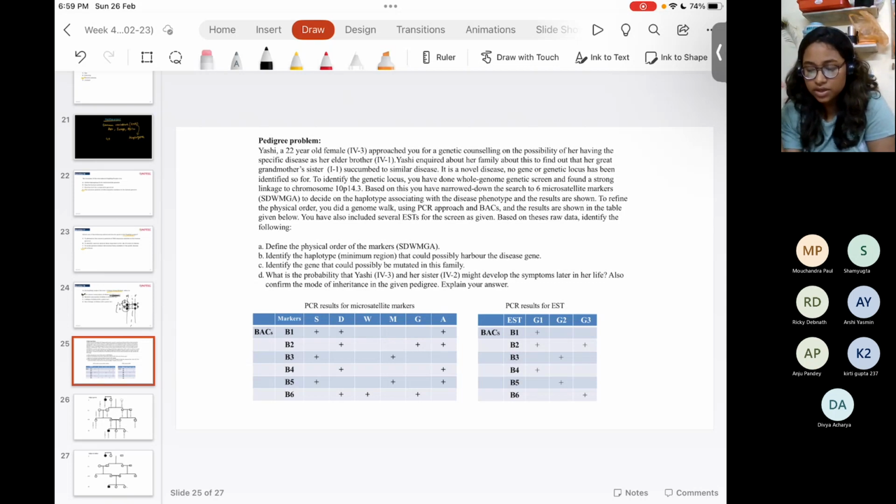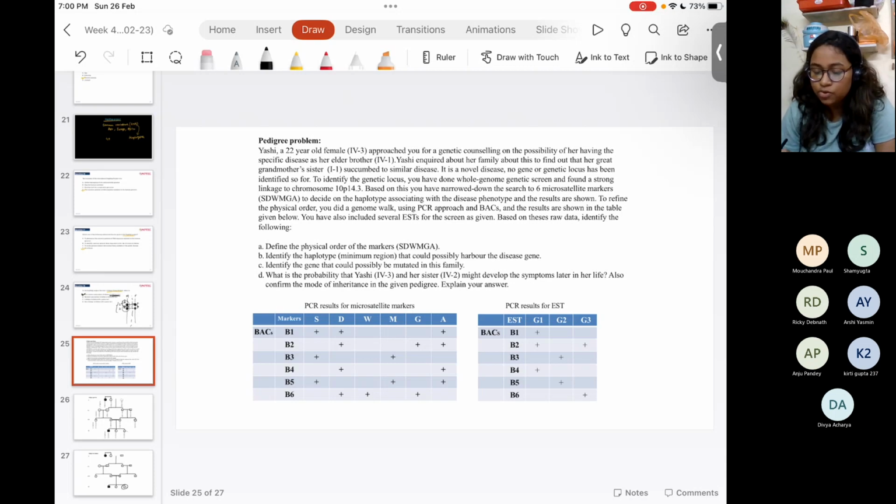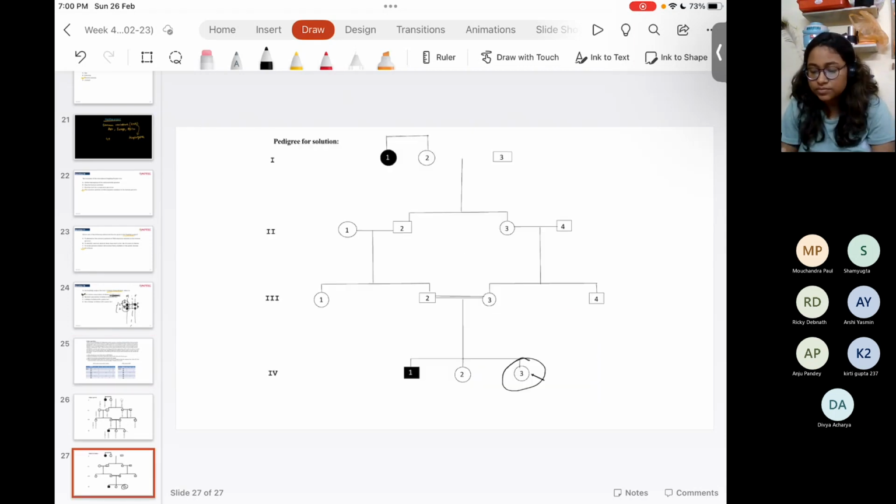Here in this problem, you are given a pedigree of a family, and this person is the index case who has come to you. In this pedigree, you have to identify the unknown gene causing the disease using the positional cloning approach, in individuals 1, 1, 1 and 4, 1.